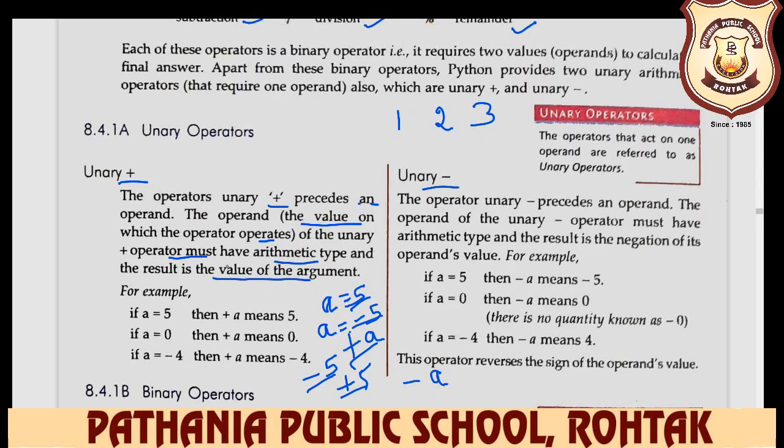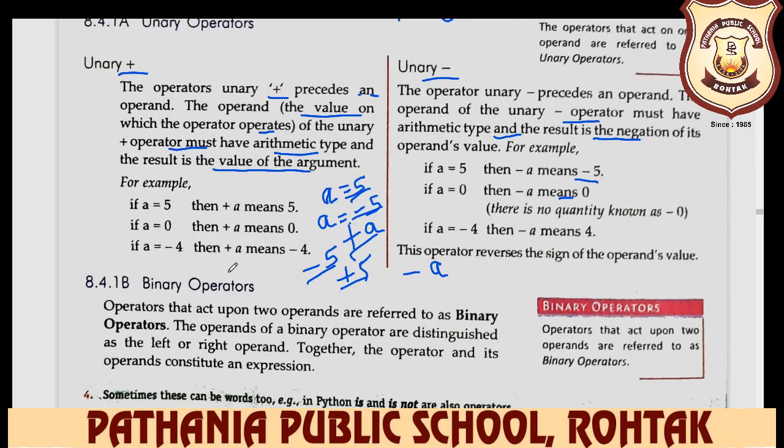The operand of the unary minus operator must have arithmetic type, and the result is the negation of its operand's value. For example, minus a, minus b are unary minus operators, and plus a is a unary plus operator.